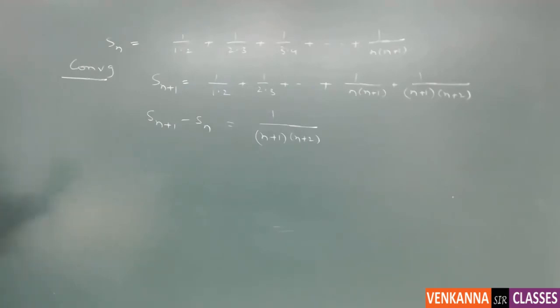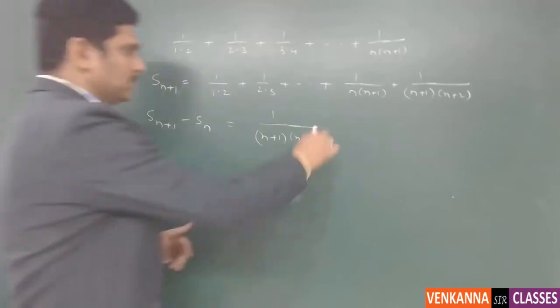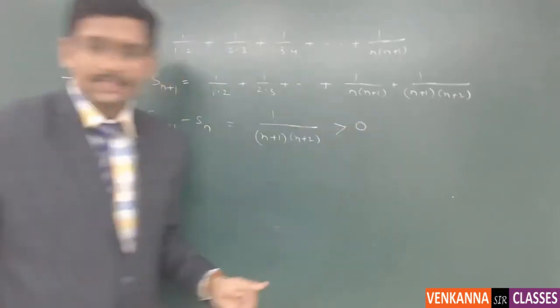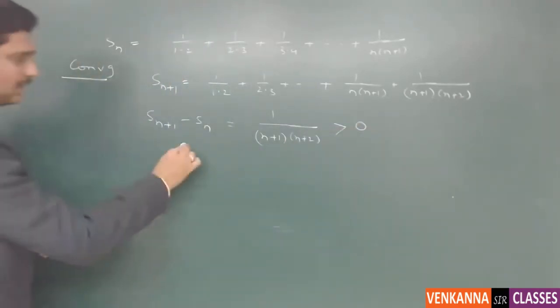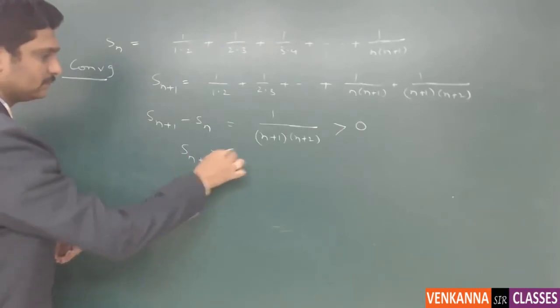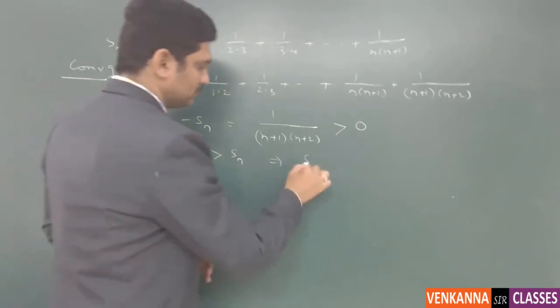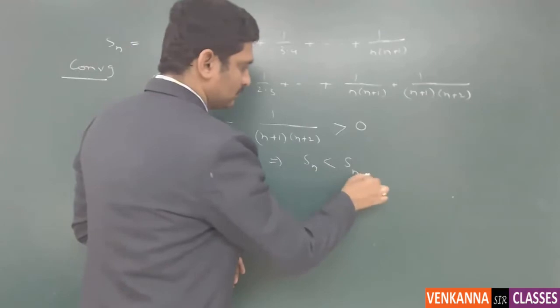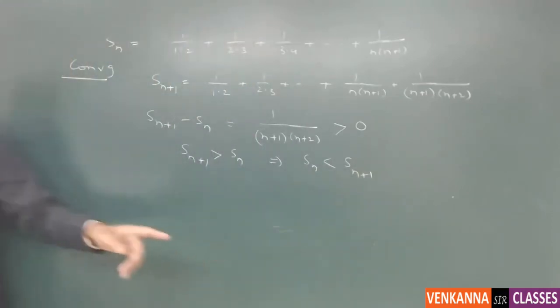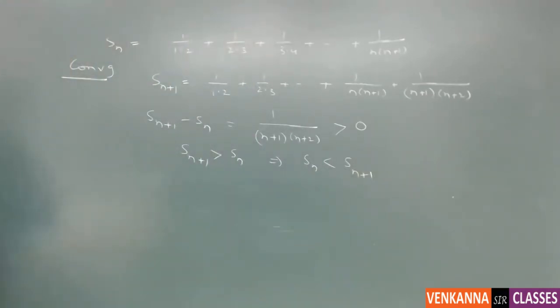Now, for an increasing sequence, the lower bound is nothing but the first term. The difference is greater than 0, which means it is increasing. Accepted?